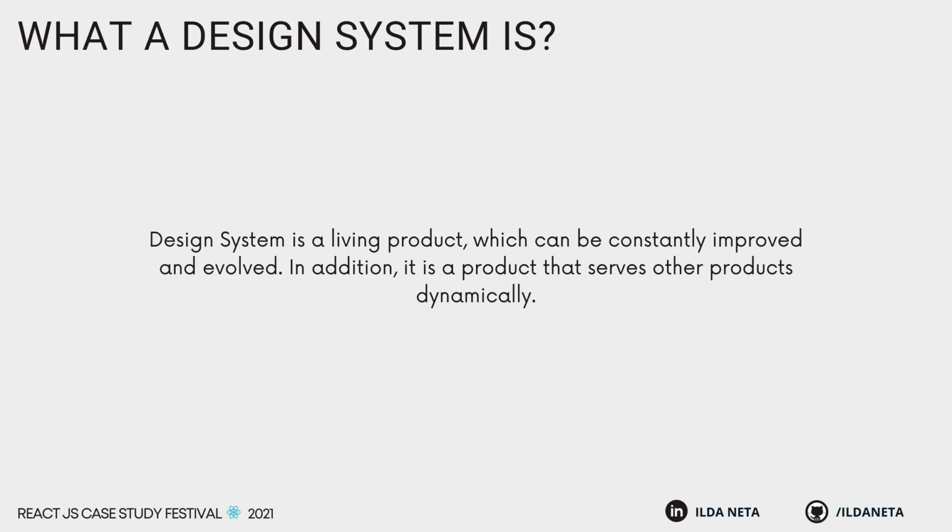And in this product, we have a set of rules such as typography, colors, dimensions, usage patterns, which together bring more consistency to the interface that uses it. Easier, no? But how does a design system usually look like?